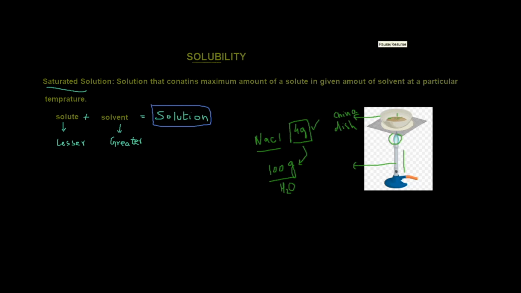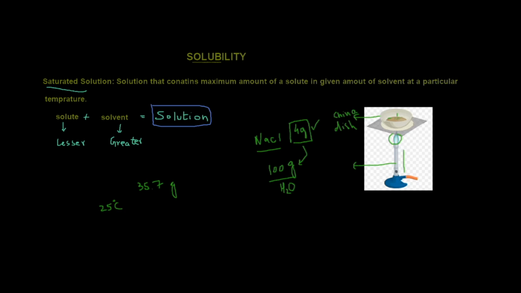Remember, the solubility of sodium chloride in 100 gram of water at room temperature is 35.7 gram. And what is room temperature? Room temperature is 25 degree centigrade.